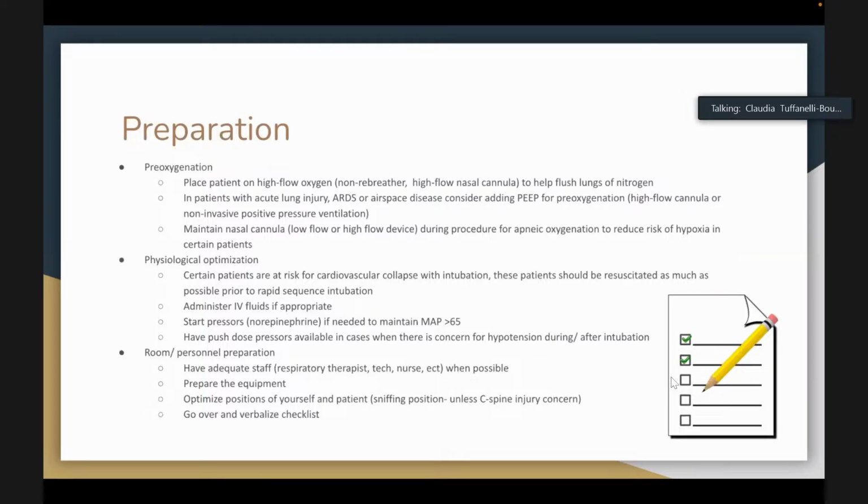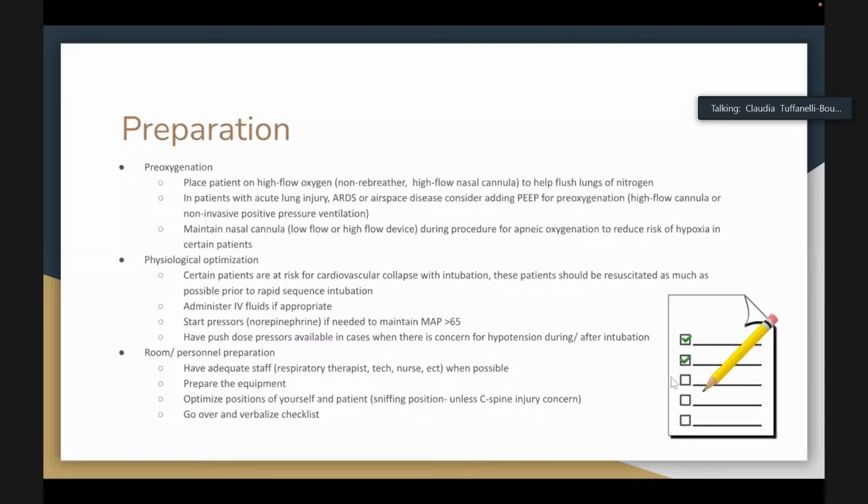So if your patient has ARDS or an airspace disease like COPD or asthma, and they're not altered to a huge extent, you can also use BiPAP or CPAP just for the pre-oxygenation. This gives them some PEEP, opens up the airways, allows better ventilation while you're preparing for the procedure.